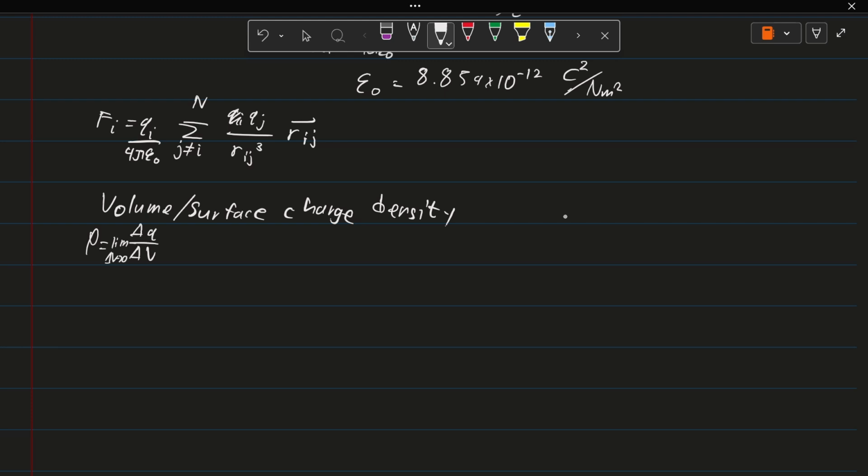And for the surface, it's the same: the charge over the surface instead, in the limit as delta S goes to 0. So you could now get the small q's, and if you flip them all around, you get a much more elegant formula for the electric force that works for discrete particles, for the continuous charge distribution, for the volume and the surface.